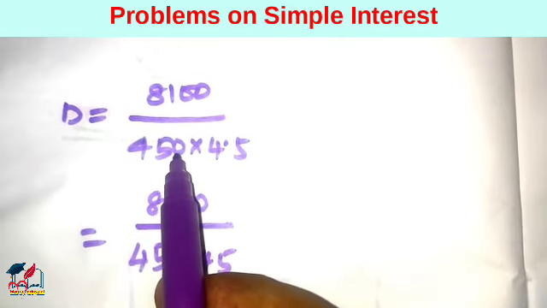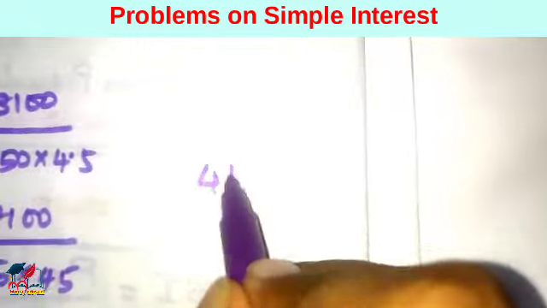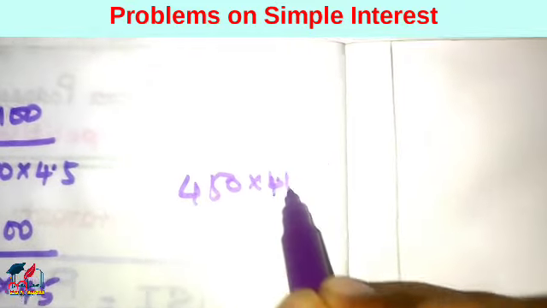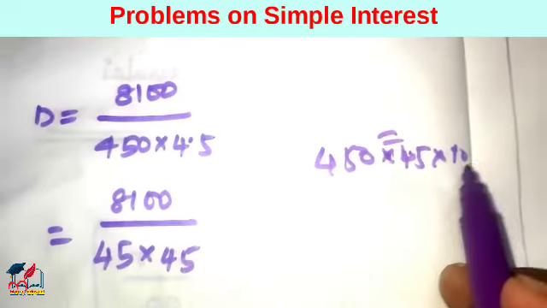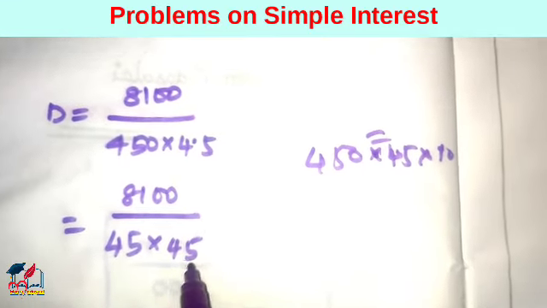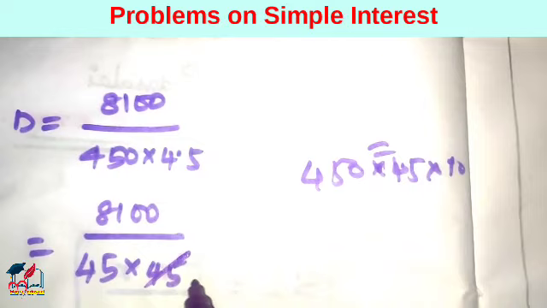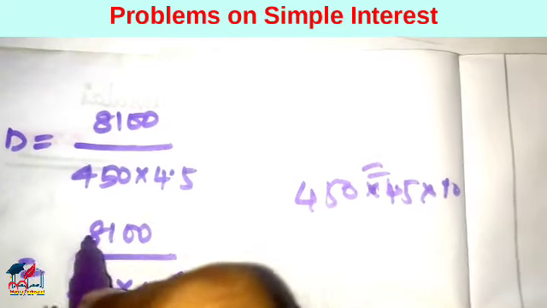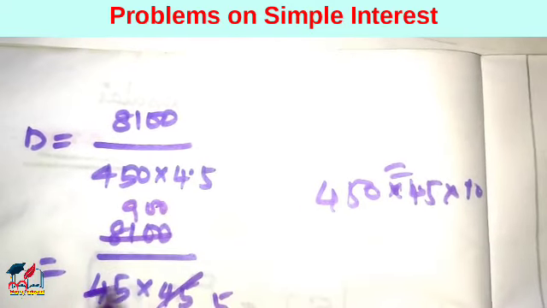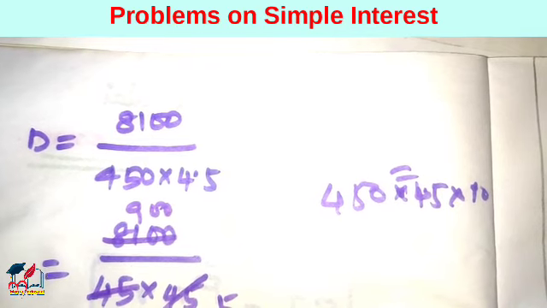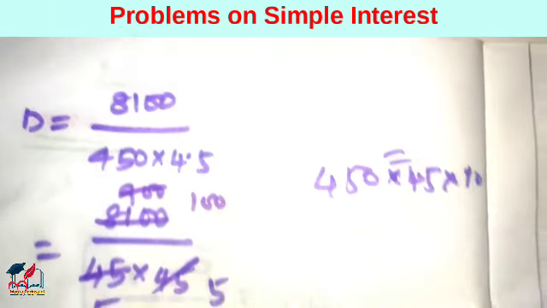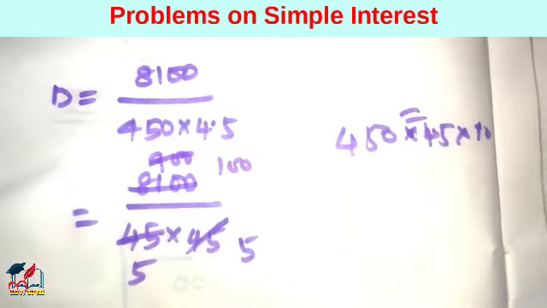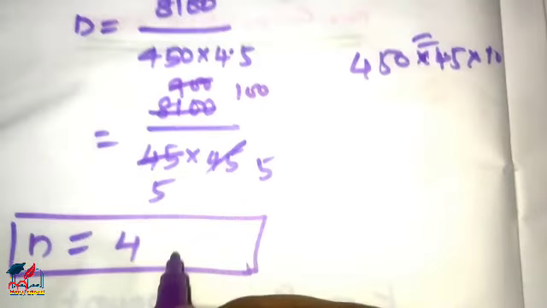We consider this 450 is equal to 45 into 10. If you multiply 10 into 4.5, it comes 45. You can consider 9 5 times 900. Again 9 5 times 100. 25 is equal to 4. N is equal to 4 years.